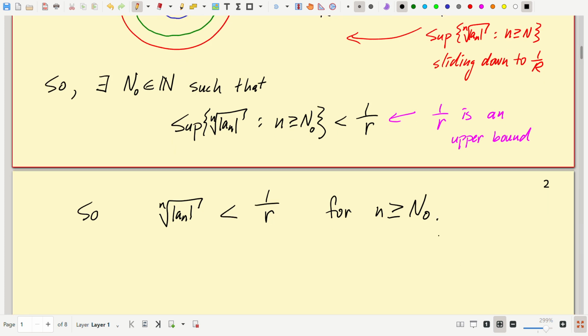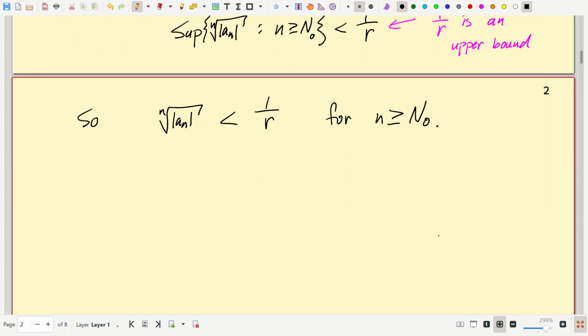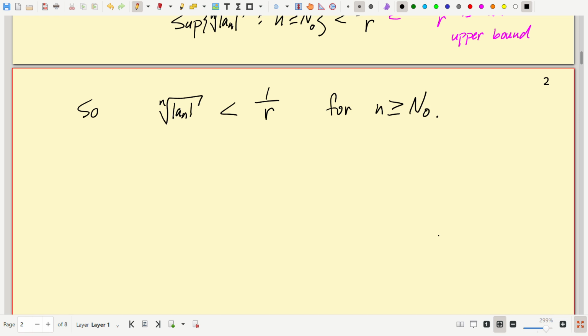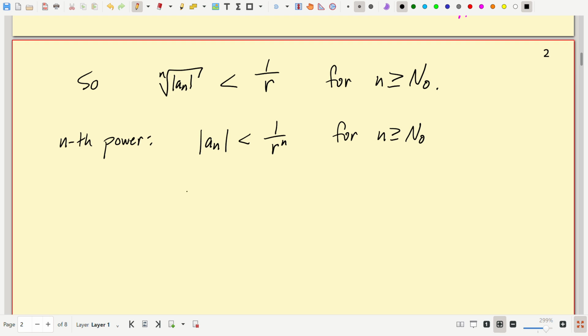Okay, let's think about what that means. Let me take powers here. Take the nth power. That would tell me that a_n, when I take the nth power, is less than 1 over r to the n, for n greater or equal to n naught. And now we get something interesting.